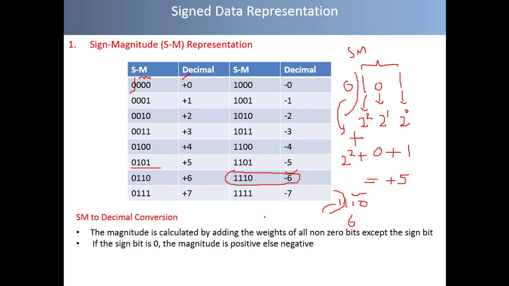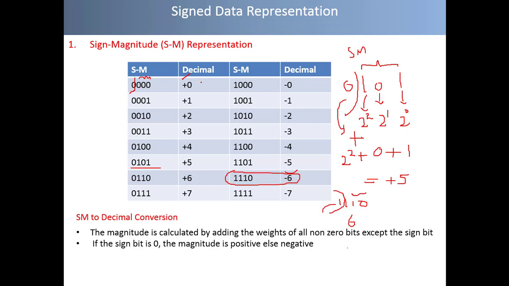So let me summarize how to convert a sign magnitude representation into decimal. The magnitude is calculated by adding the weights of all non-zero bits except the sign bit, and if the sign bit is 0, the number is positive, otherwise it is negative.